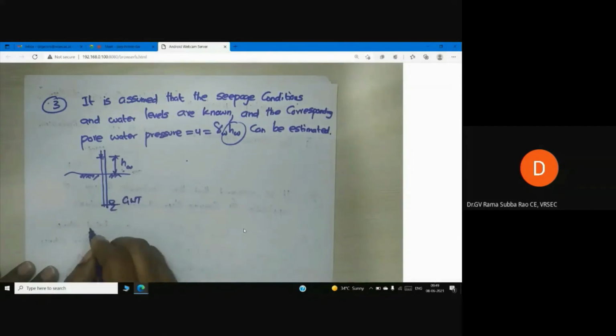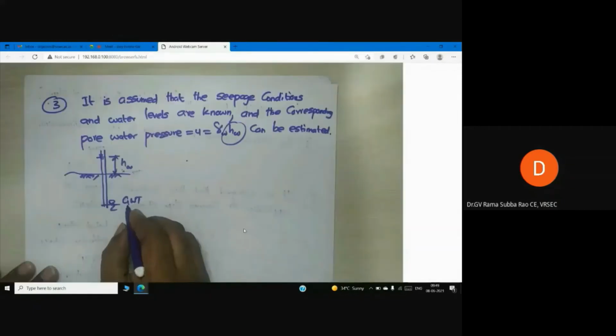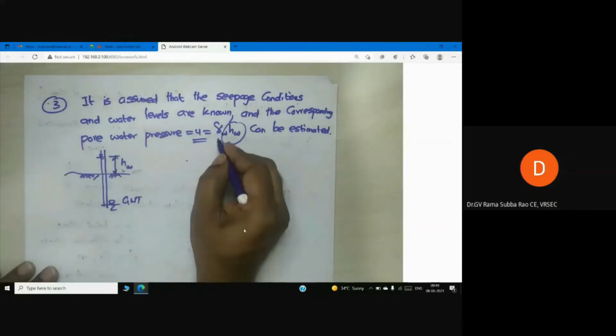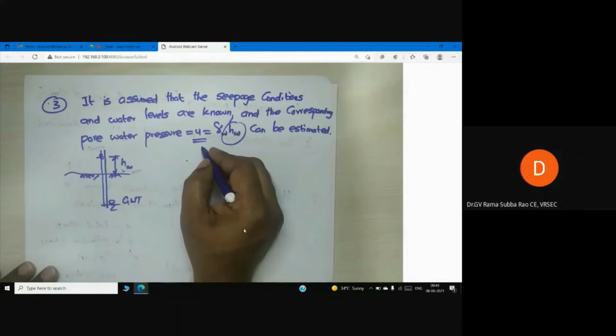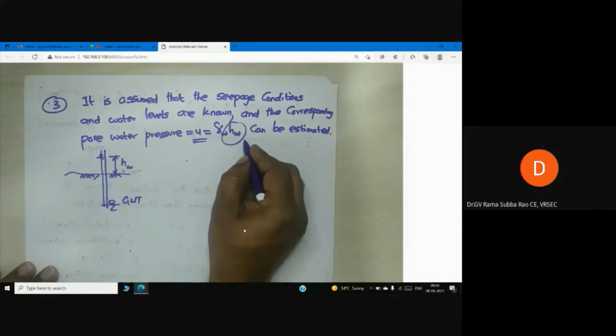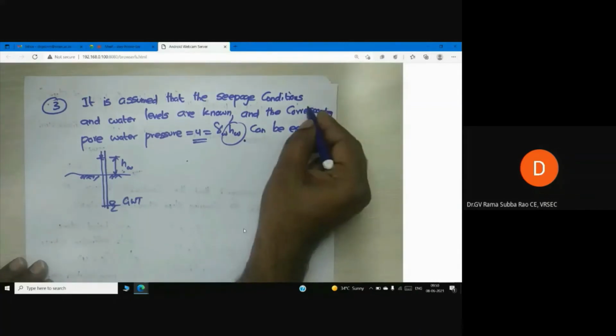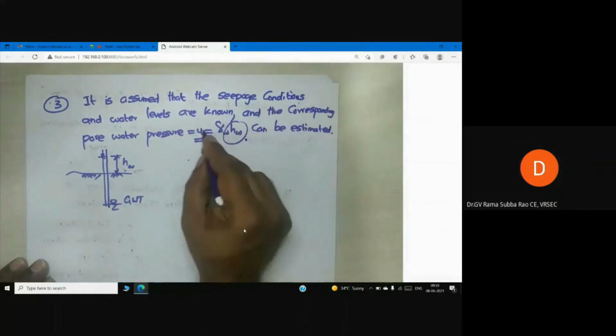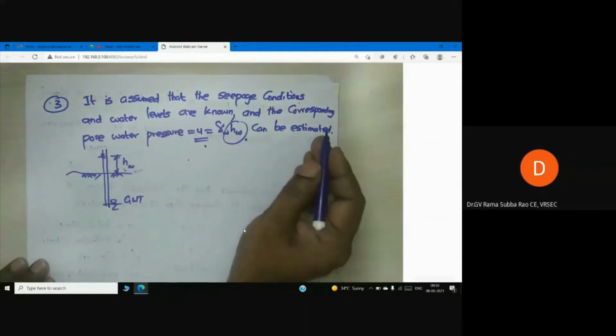So once you know the position of the groundwater table, you can estimate the pore water pressure by using this formula, gamma of water into height of water. So it is assumed that the seepage conditions and water levels are known and the corresponding pore water pressure can be estimated. So it's a general statement.